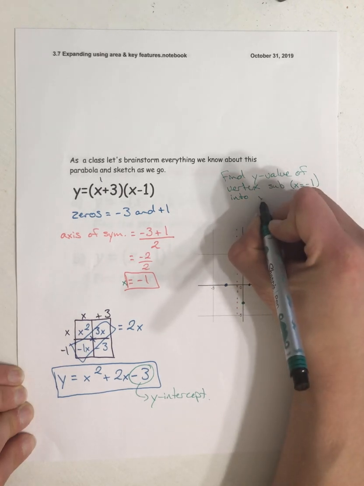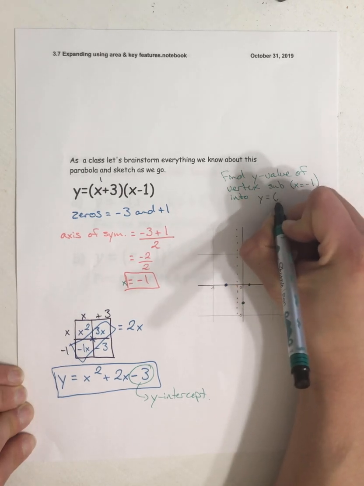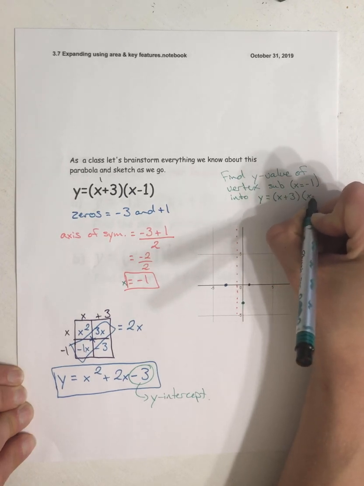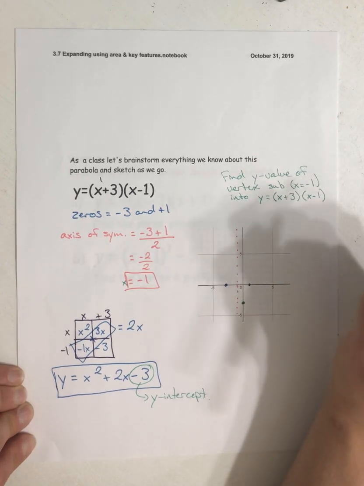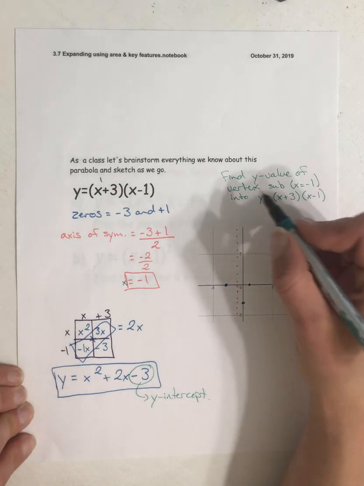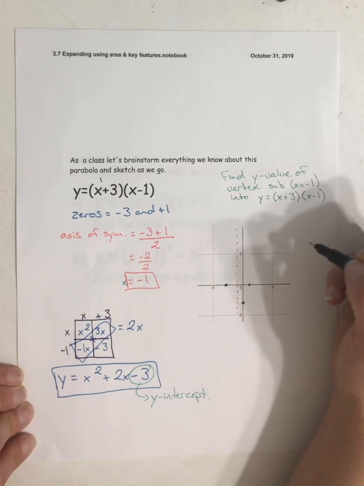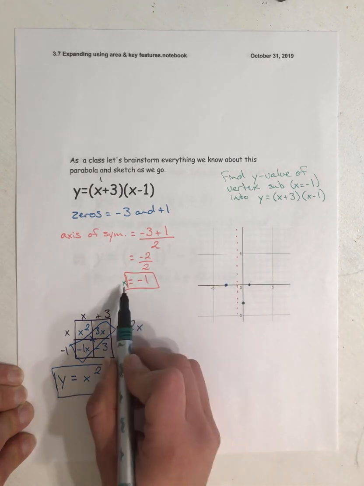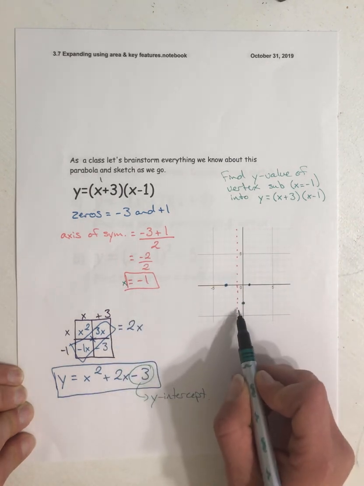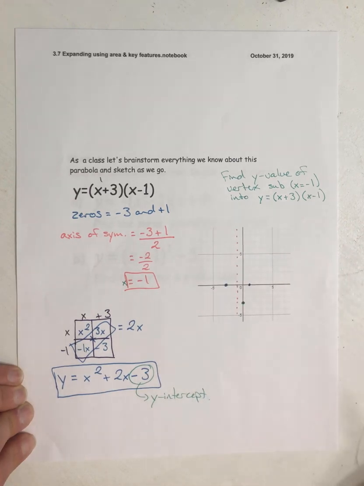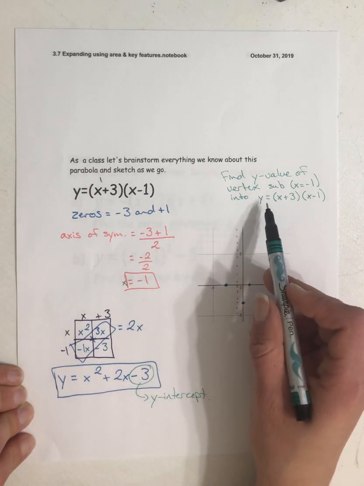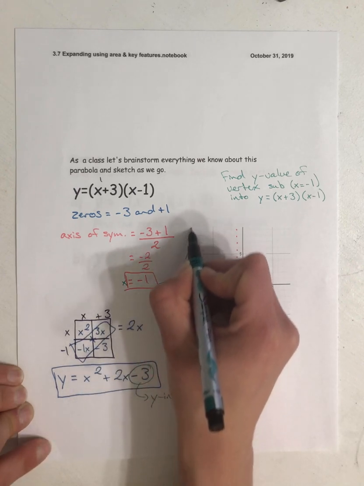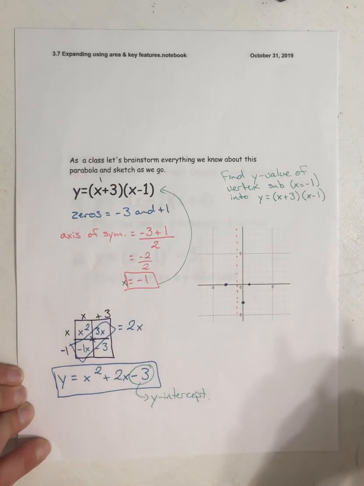We're going to sub it into y equals x plus 3 and x minus 1. So we know our x value of the vertex because it is the same as our axis of symmetry. So we're going to take our x value and plug it back into that equation.